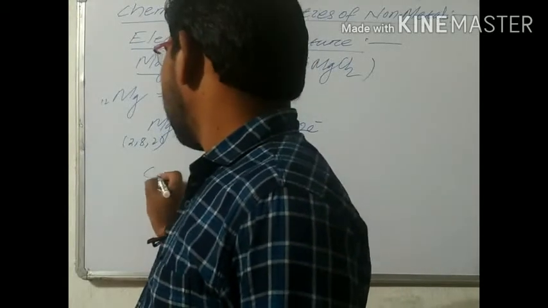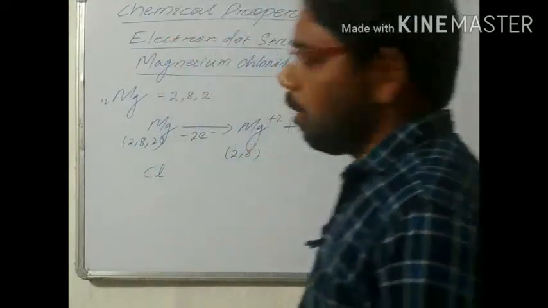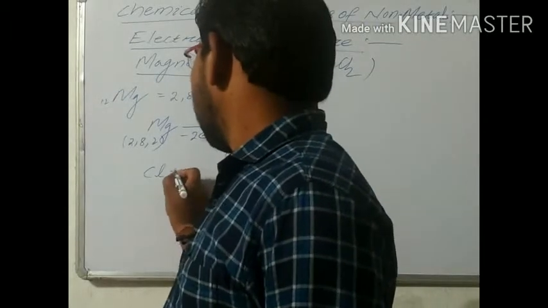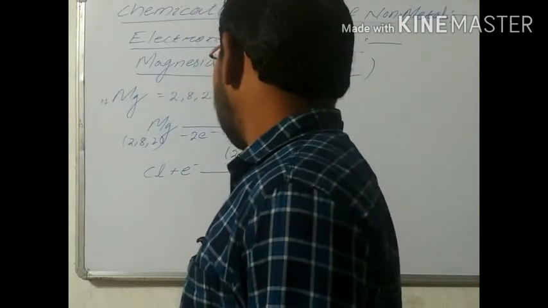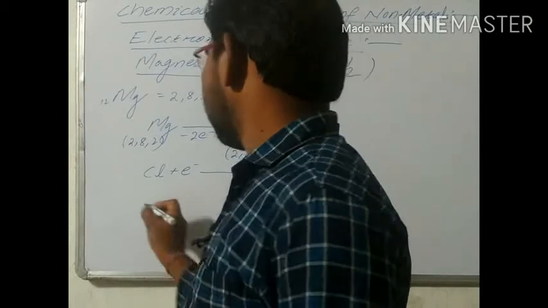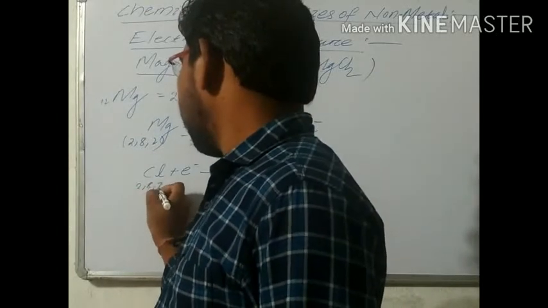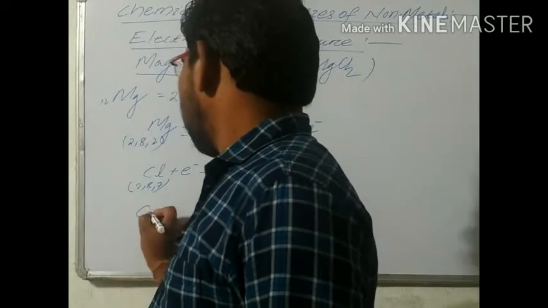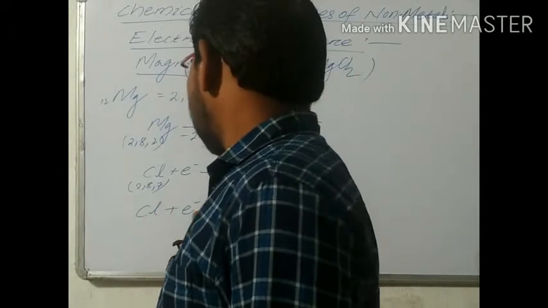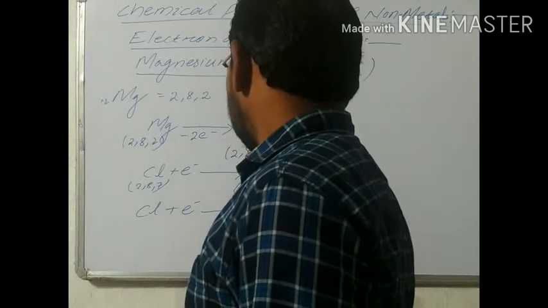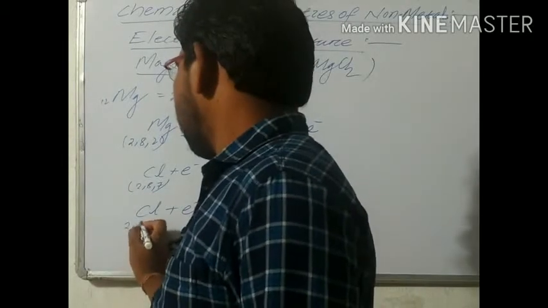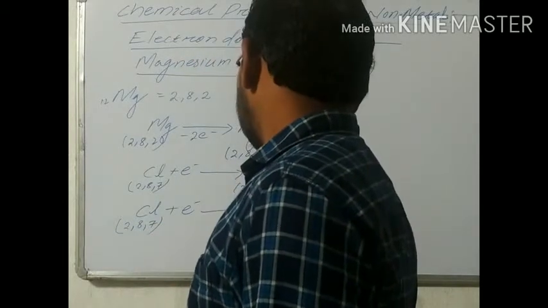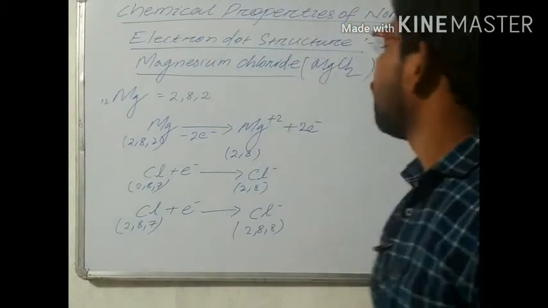Next, the 2 chlorine atoms are there. Both these chlorine atoms gain 1 electron. Here also gain 1 electron and form Cl minus, 2, 8, 7 to 2, 8, 8. Another chlorine also gains 1 electron and forms Cl minus.